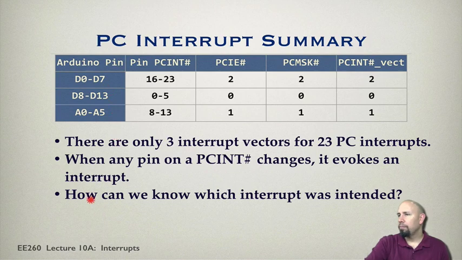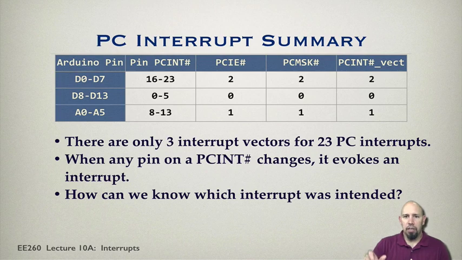If there are only 3 interrupts for these 23 pins, how can we know which interrupt was intended? When any pin on one of these groups changes, it evokes an interrupt. In other words, if any of these 6 pins changes, and assuming they're set up to be interrupts, it will call the PCINT1 vect subroutine.